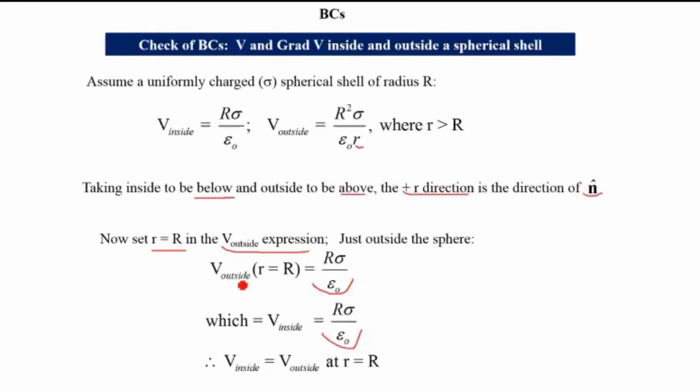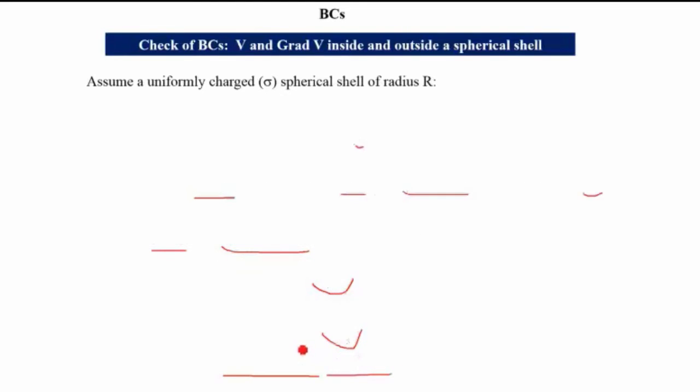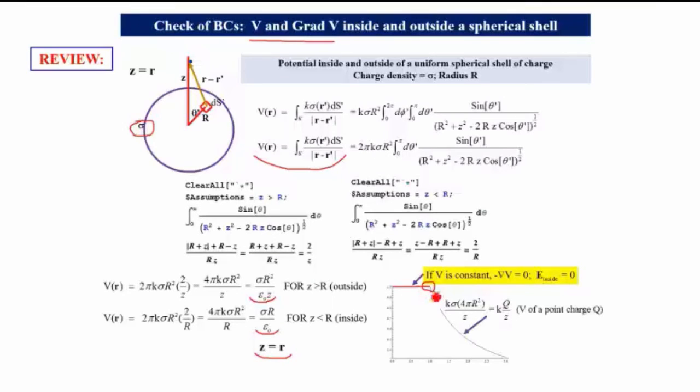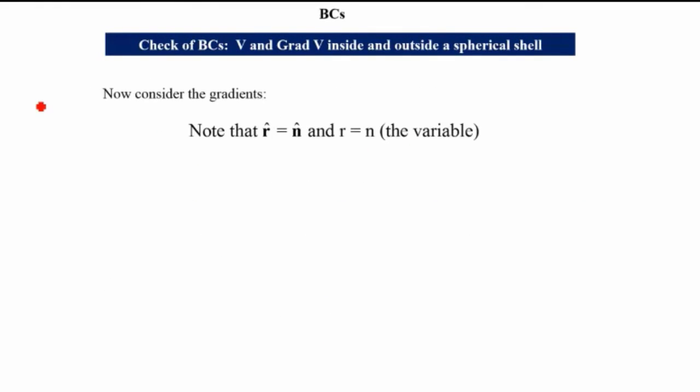What you see is that at the position r equal capital R, we indeed have the two quantities equal. That's the case here. You can see that they're equal at this point right here. So that's okay. Let's look at the gradient inside and outside of this spherical shell.